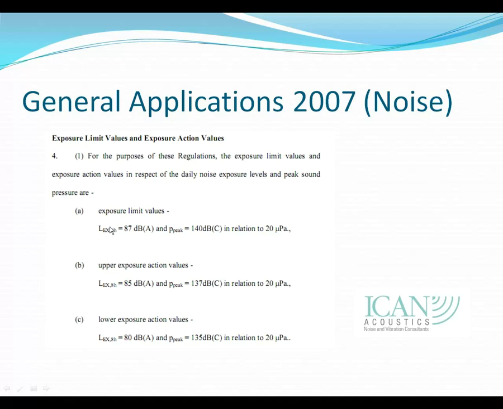So it's based on an 8-hour exposure limit that shall not exceed 87 dBA, and the peak, P-peak, which is a C-weighted measurement, shall not exceed 140. Now, they are limit values. So for example, if you're specifying hearing protection, it must be designed to ensure that those limit values are not exceeded. And that's the basis of the exposure limit value.